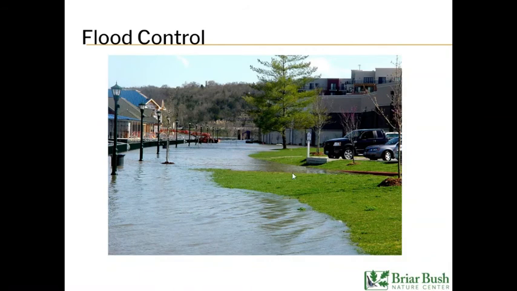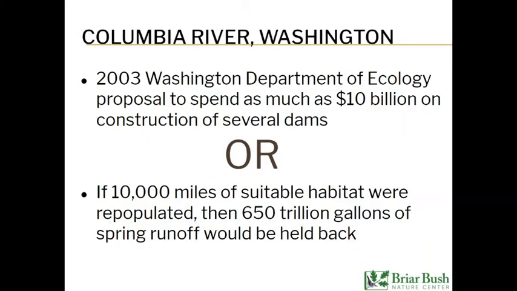Beavers also provide flood control, like any dam. The only thing about their dams is they are a lot cheaper. As an example, in Washington State, the Department of Ecology in 2003 came up with two different proposals for controlling spring runoff in the Columbia River Basin.